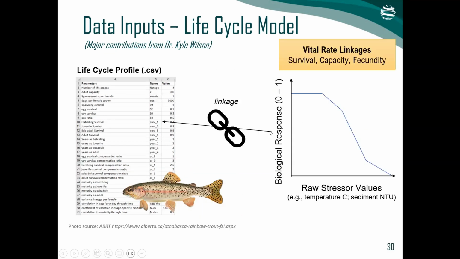So in the CEMPRA toolbox, the life cycle profile builds a stage-structured population model, and then the stressor response relationships are linked to various components of either survival, fecundity, or capacity as the life cycle model runs.